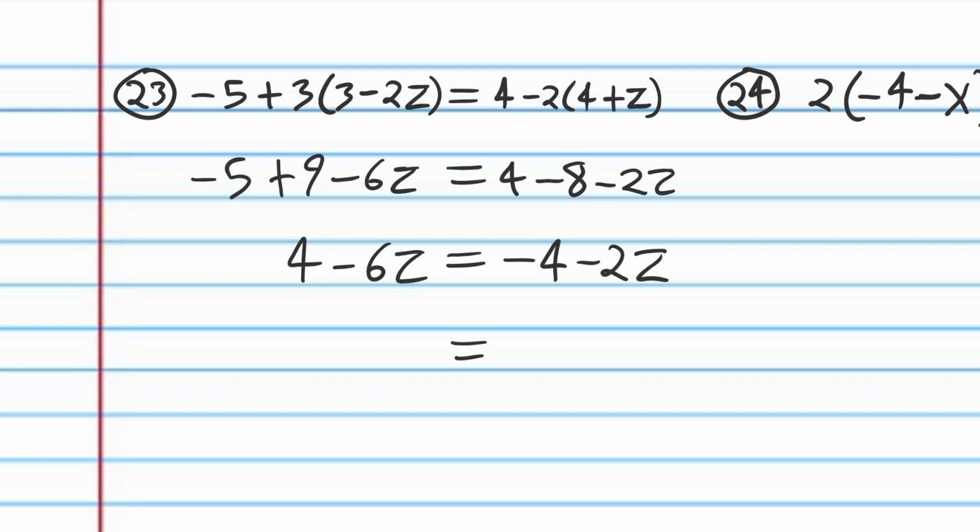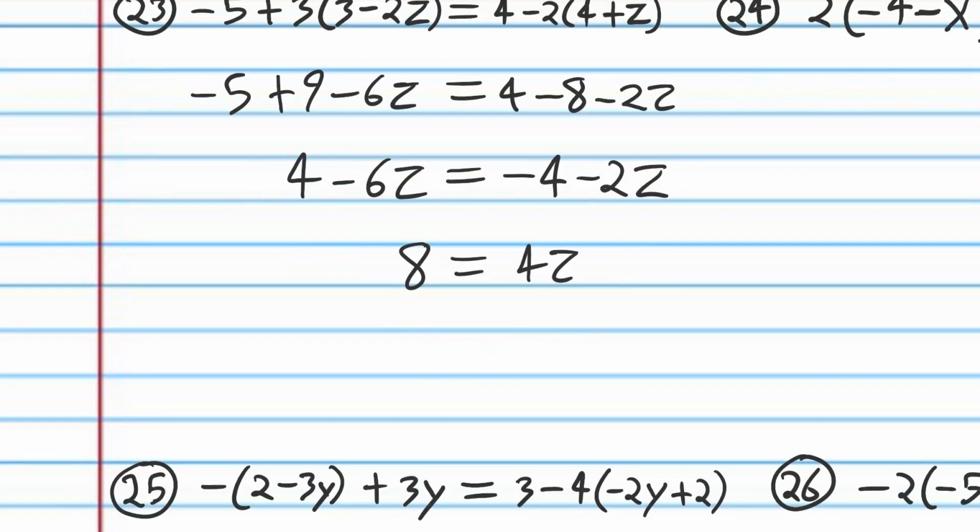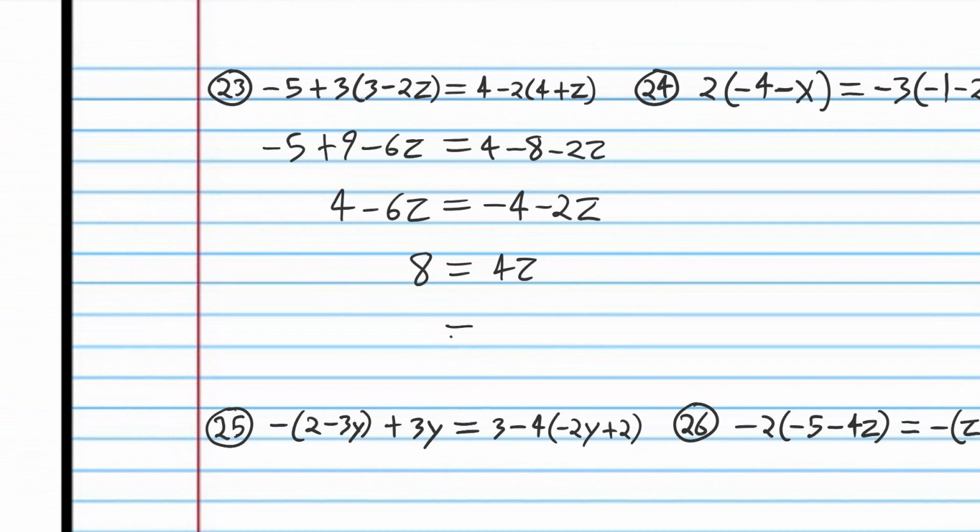And add 6z to both sides, and you get 4z. And add 4 to both sides, and you get 8 on the left side of the equation. And divide both sides by 4, and we get 2.